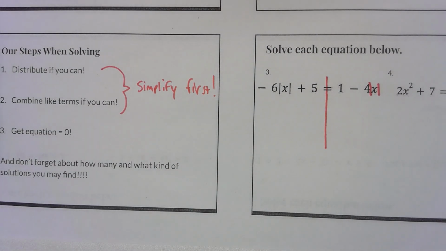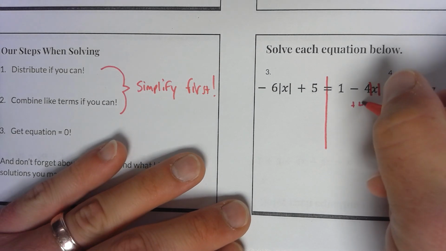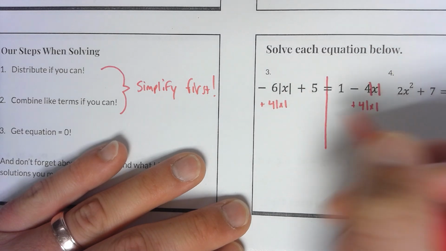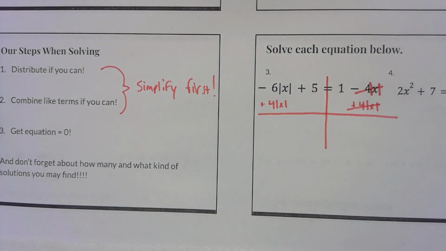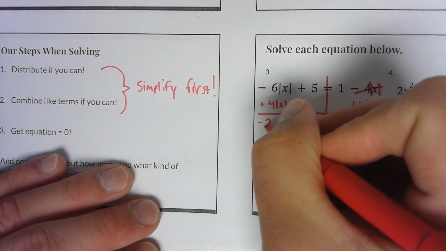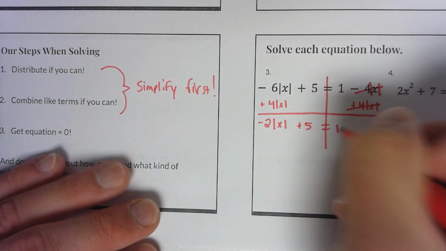So now, I'm going to work to get the variable over to the left side, where if it's minus 4 absolute values of x, I'm going to add 4 absolute values of x. So that gets rid of the absolute values of x on the right-hand side. Then negative 6 plus 4 is negative 2 absolute values of x plus 5, and it equals 1.